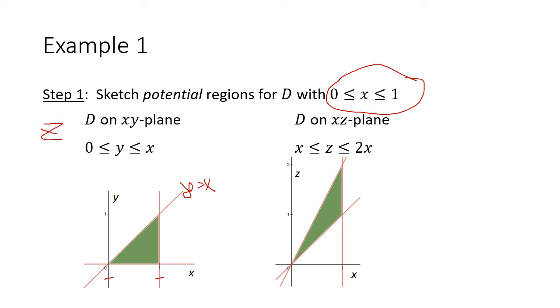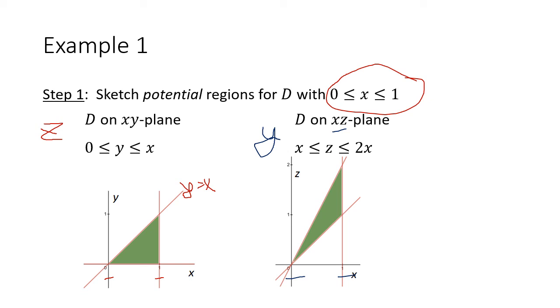The other choice is to integrate with respect to y first, and that's what the second one is. Because if I integrate with respect to y first, my two variables left are going to be x and z, so I'm looking at my xz plane. Again, I know x is bounded between 0 and 1, but in this case, z is bounded between x and 2x.